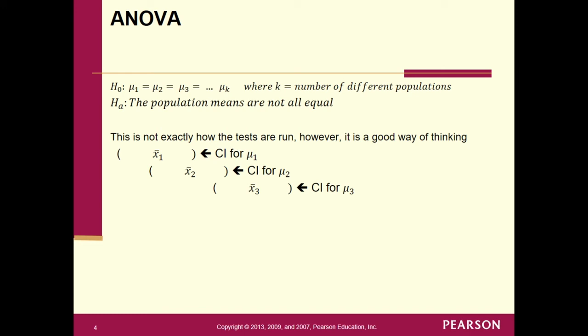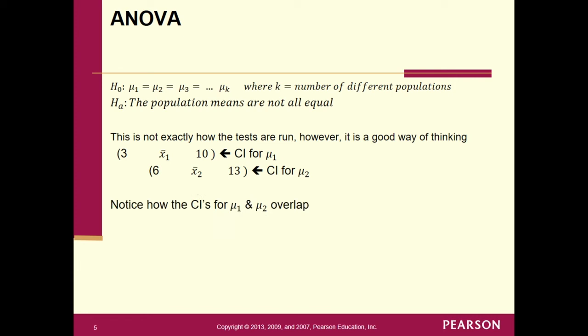And then you made a separate one for mu sub 3 based upon x bar 3. Okay. So let's look at, say, mu1 versus mu2. Notice that once I threw in the numbers, you can see that they overlap. So the confidence intervals for mu1 and mu2 overlap with one another. In other words, there's a reasonable possibility that mu1 is equal to mu2, all right?